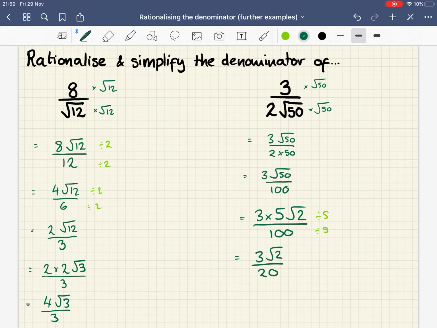So I could have done the simplification on the root 50 earlier on. However, one issue with doing it early on is that you might end up having to simplify a surd twice. So I recommend just saving it until the end, do your rationalising, and then look to see if you can simplify the surd that is left behind.